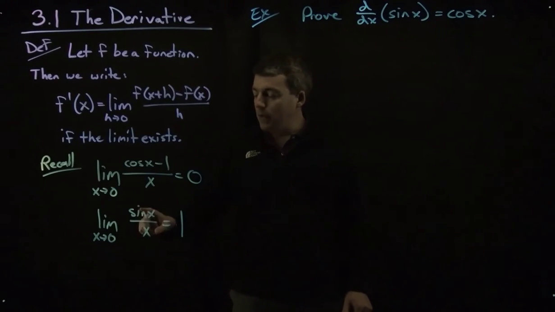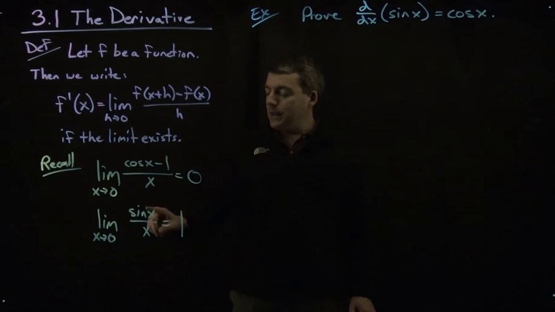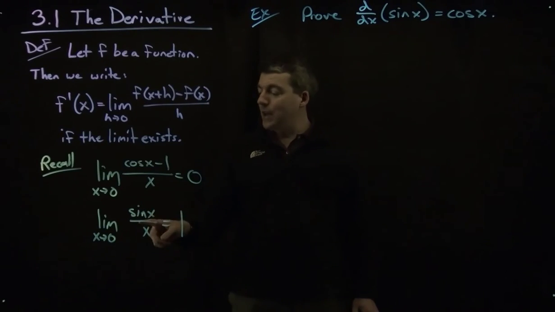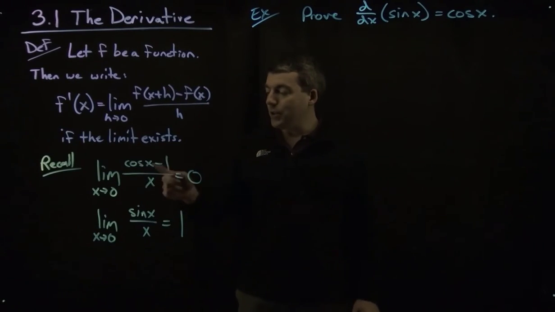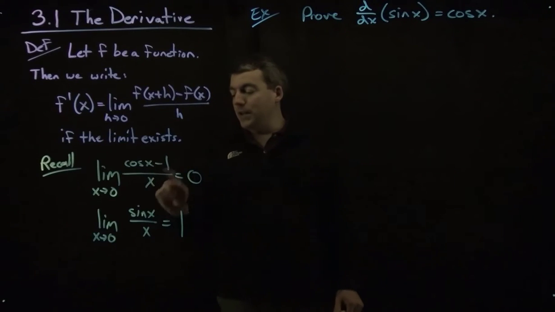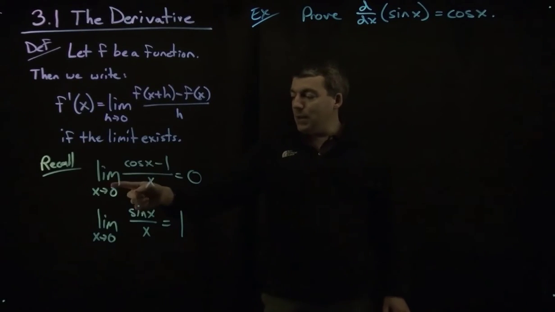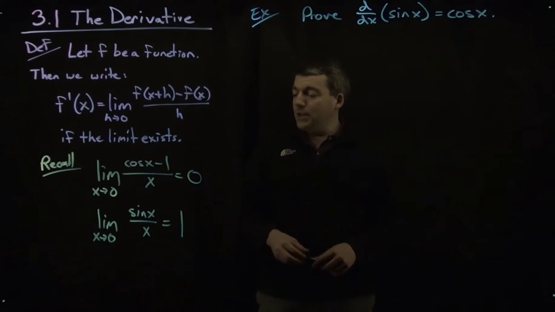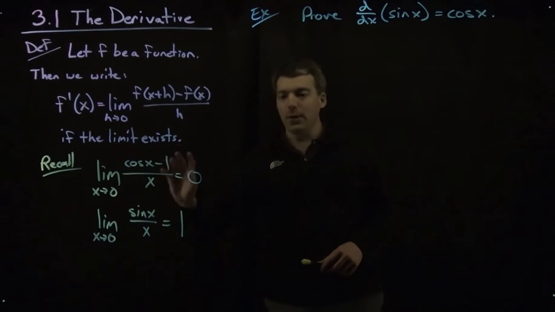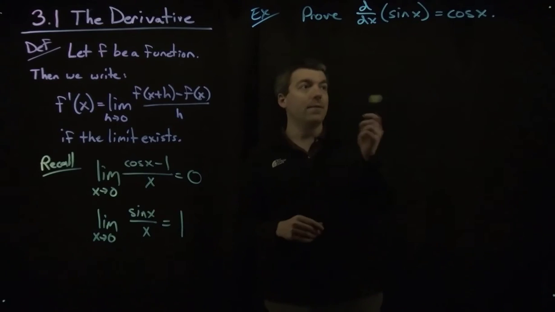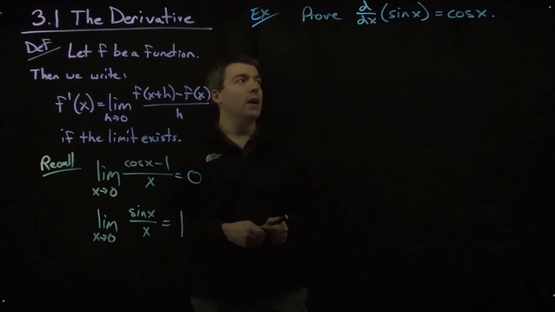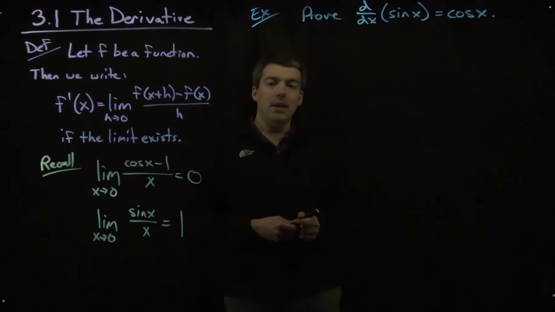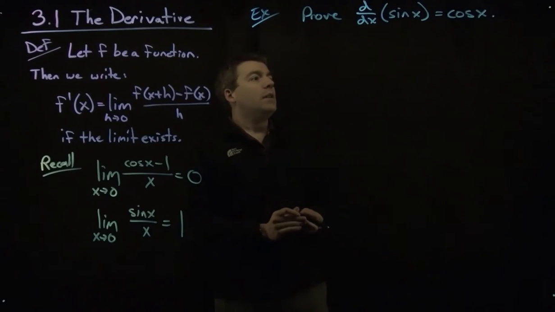Using some multiplication and some trigonometric identities, we can get this particular function, cosine of x minus 1 over x, and this limit as x goes to 0 is 0. Okay, so if you are okay with these two limits, we can then find the derivative of the sine of x using the definition. So let's start.